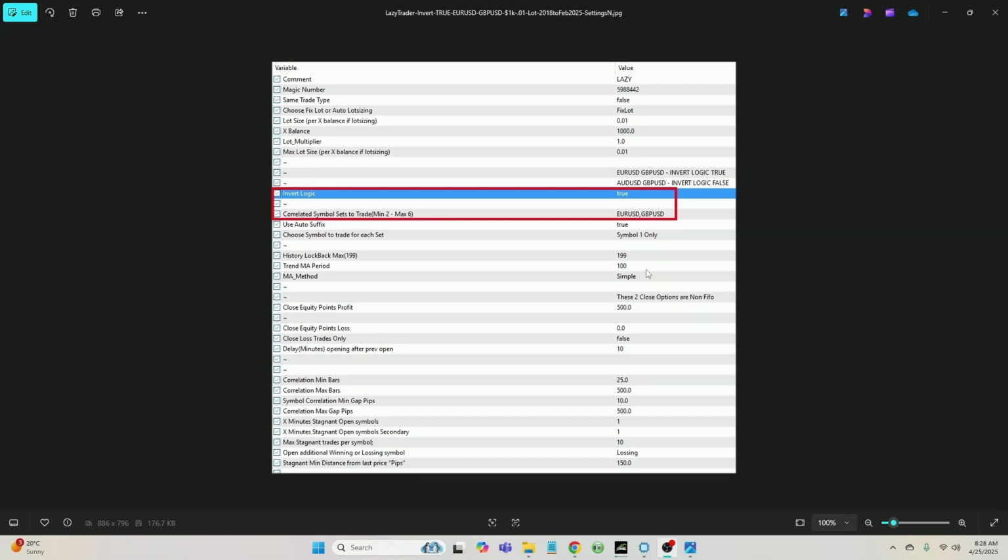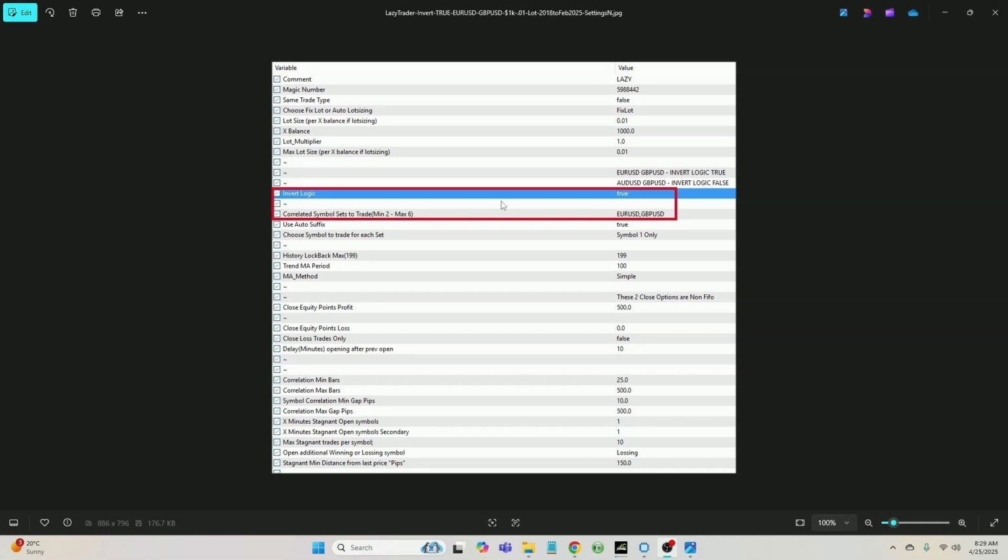As you can see in our settings, we have that set to trade only the first symbol. And also, right here, you're going to make sure that invert logic is set to true when we're using Euro USD, British Pound USD.